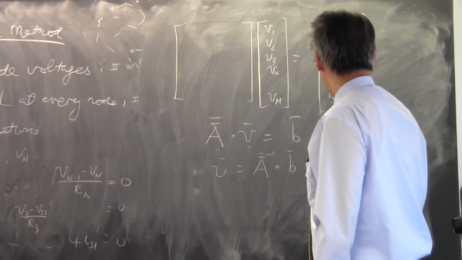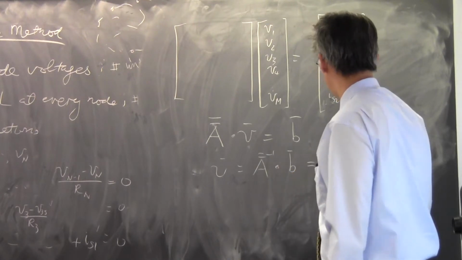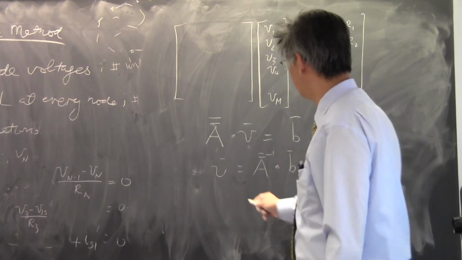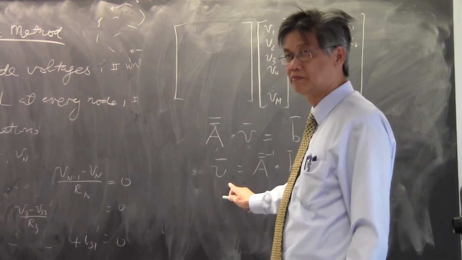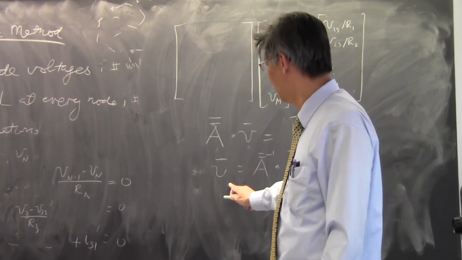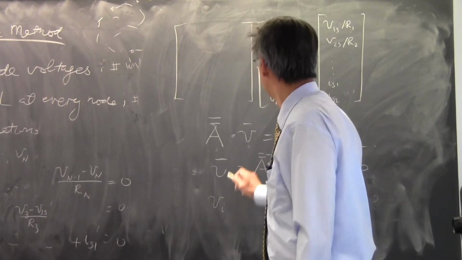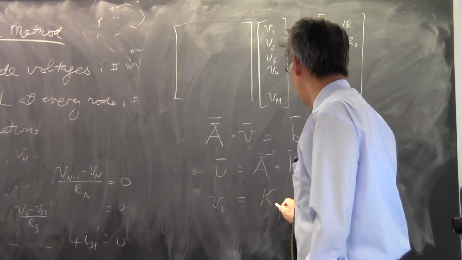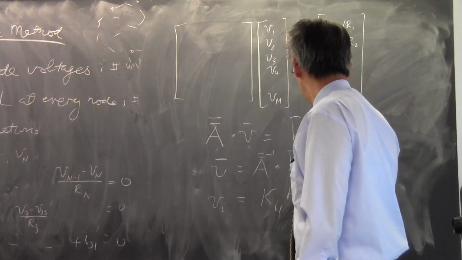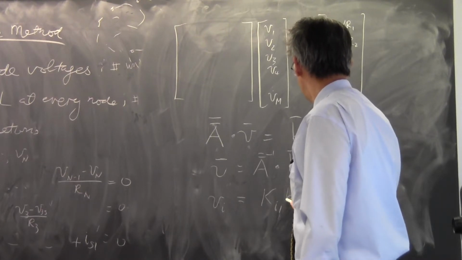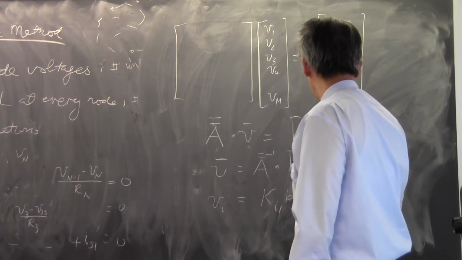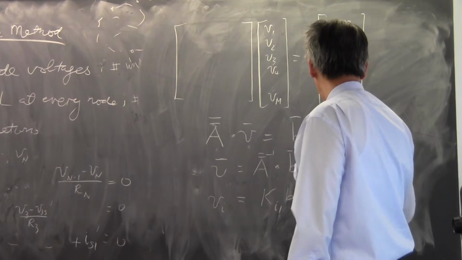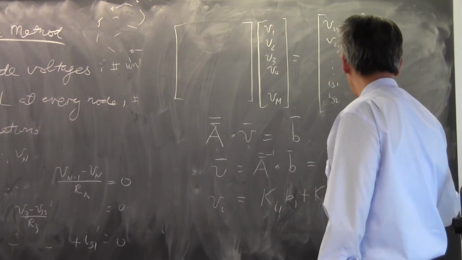Okay, so I can say that this is a matrix K times B. So if I take any element of this unknown vector, say Vi, the ith element, it must be equal to Ki1 B1 plus Ki2 B2 plus something else, okay?